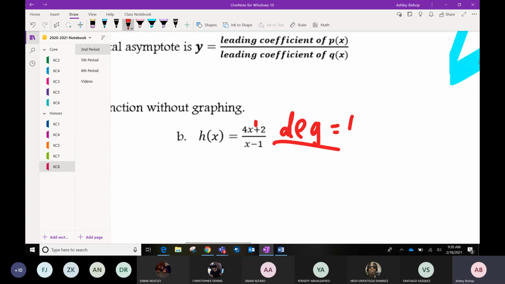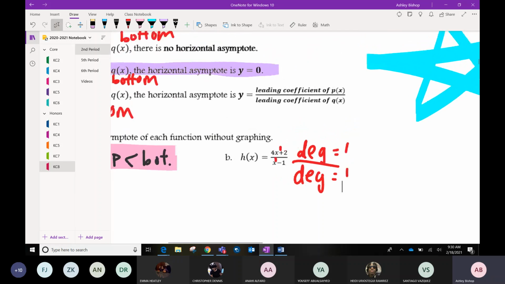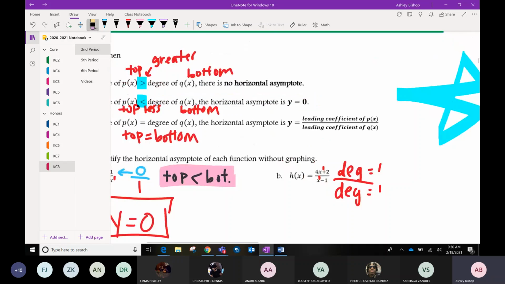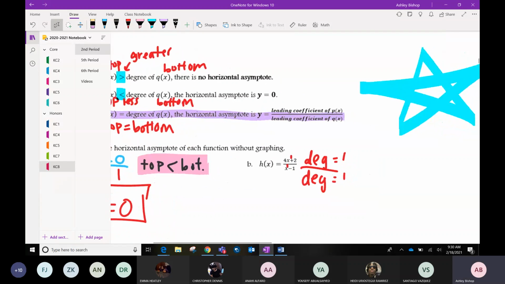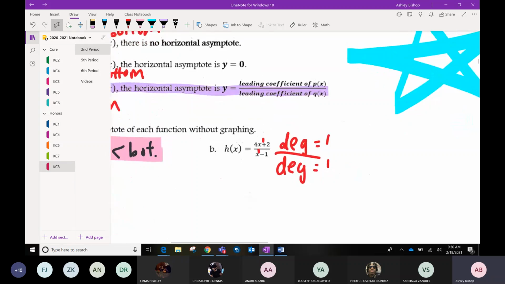And the bottom has a degree of 1. So the scenario that I have here being played is that the top is equal to the bottom. If the degree is 1 on top and the degree is 1 on bottom, the top is equal to the bottom.